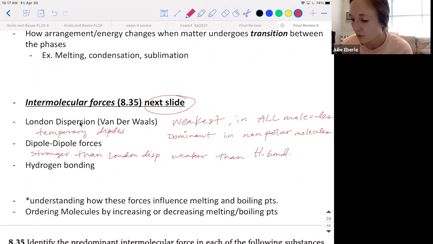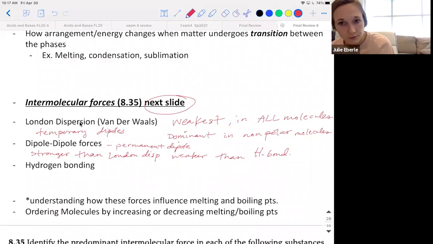Polar molecules have dipole forces. So it's a permanent dipole, okay? One that does not cancel. So if there's symmetry in your molecule, you have a nonpolar molecule, that's not going to have a permanent dipole. It won't experience dipole forces between molecules.